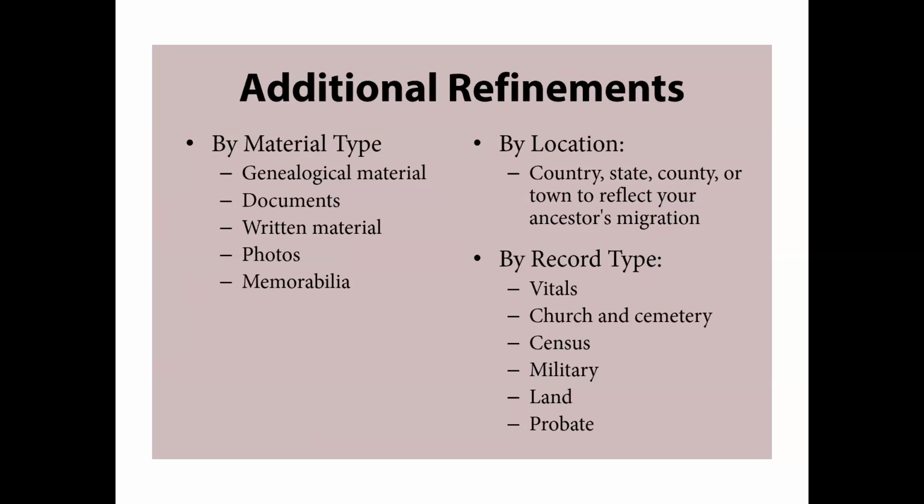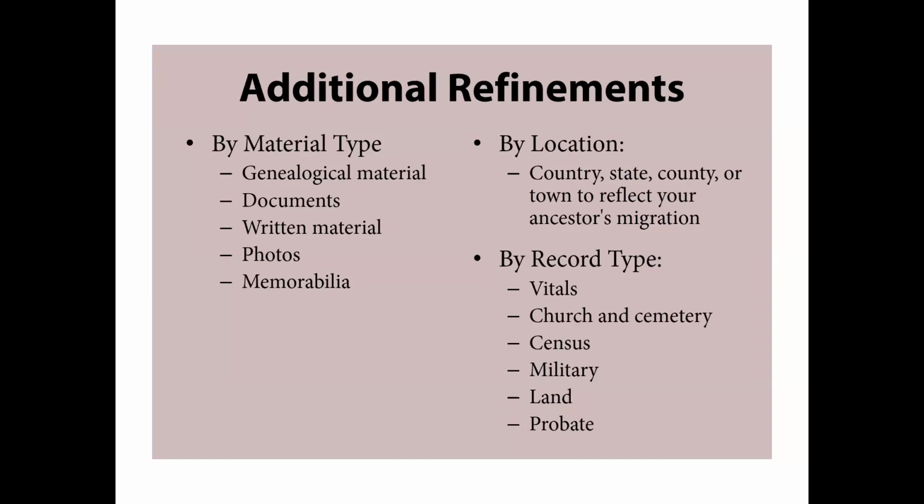Then at a third or fourth level of organization, you could consider grouping by the type of material or record types. So again, grouping together your genealogical material, your notes and charts, documents, written material, photos, memorabilia. And then maybe you even want to organize by location, because that also could be helpful if you know that your ancestor went from, let's say, New England out to Ohio.